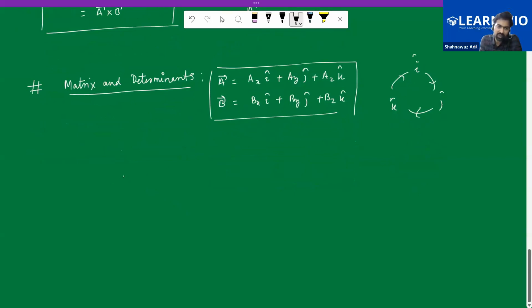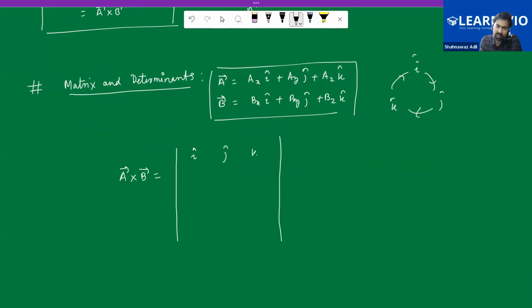So in determinant form, A cross B would be the determinant of this matrix. This has i, j, and k, then AX, AY, AZ, and then BX, BY, BZ. So you take the determinant of this matrix. How do you calculate the determinant?